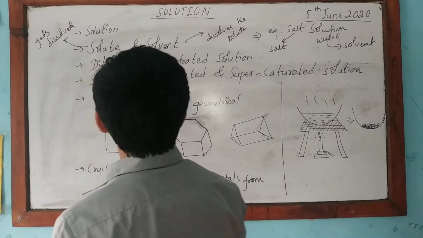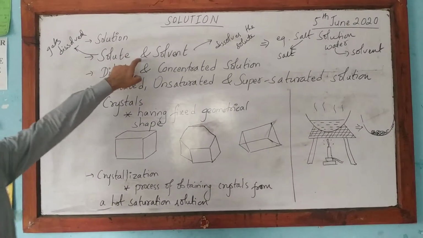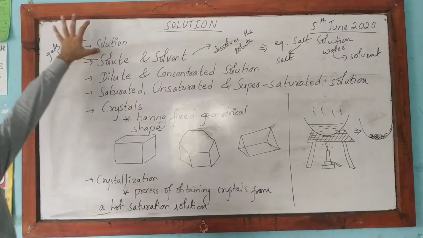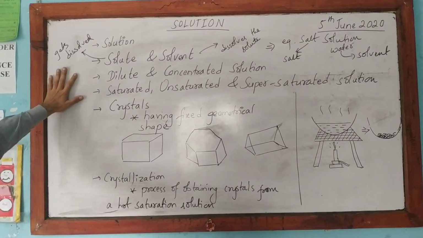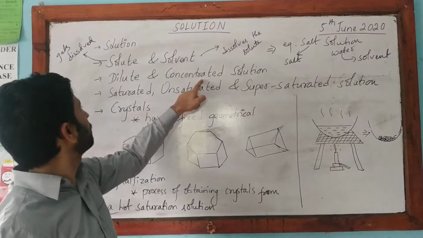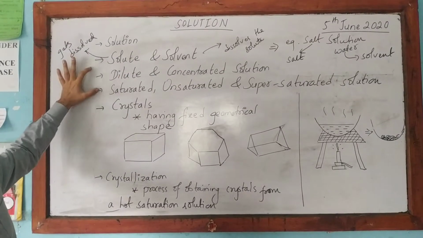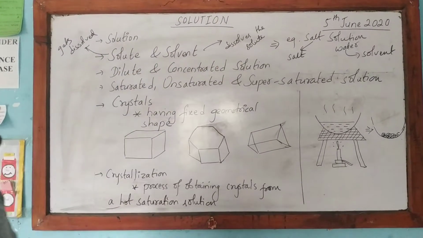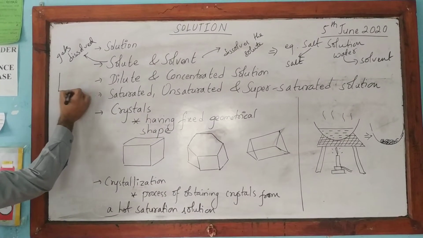Now here we can say solution equals solute plus solvent. A solution is a homogeneous mixture. Based on the amount of solute mixed, there are two types of solution, dilute and concentrated. Dilute means a fixed volume of solvent with less solute.